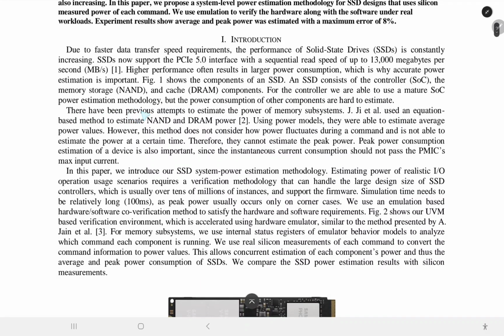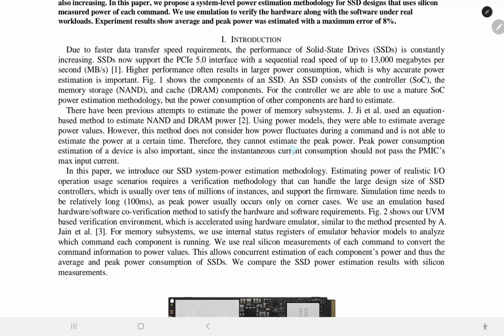There had been a previous attempt to estimate the power of the memory subsystem. Gu et al. used an equation-based method to estimate NAND or DRAM power. Using the power models, they were able to estimate the average power values. However, this method does not consider how power fluctuates during a command and is not able to estimate the power at a certain time.